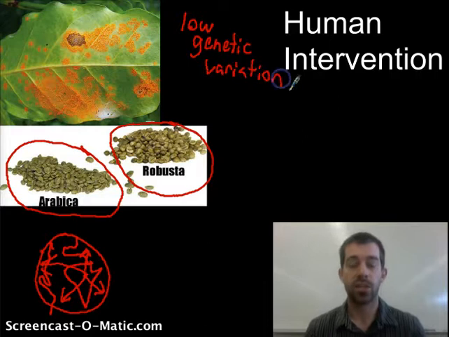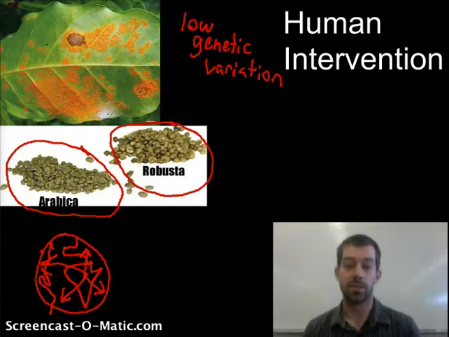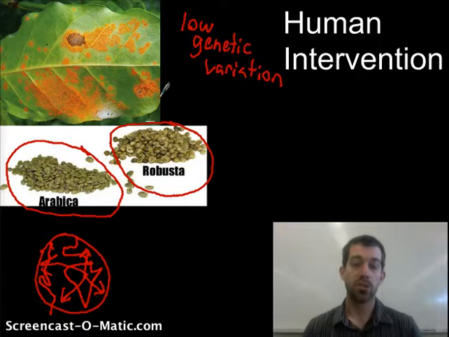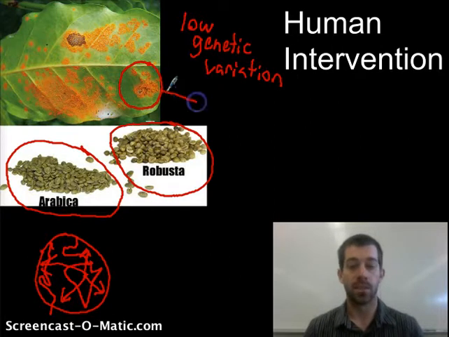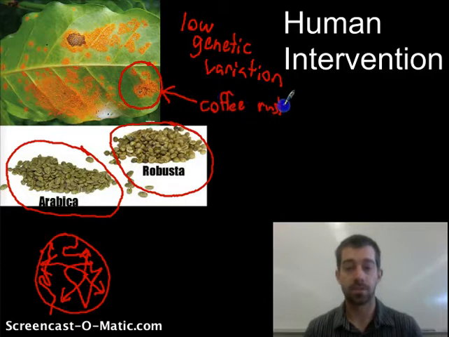The problem with low genetic variation is you're not likely to be able to survive if the environment changes. So one major change in the environment has been the introduction of this disease on the coffee plants called coffee rust. Coffee rust is a fungal infection.